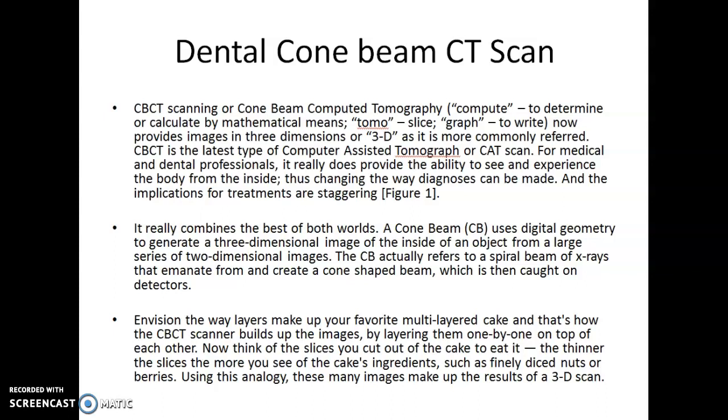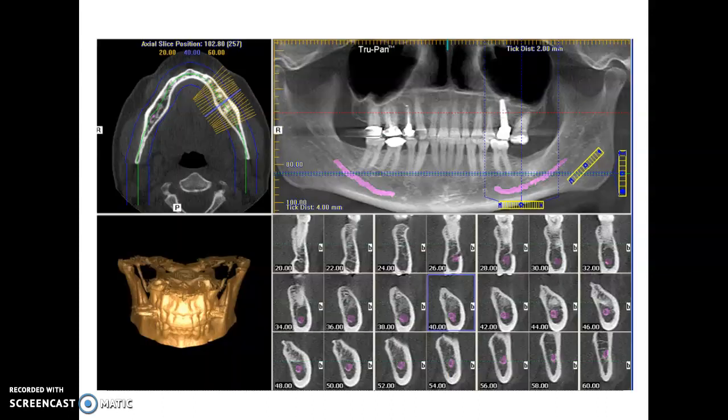They're multi-layered, and reading them is pretty simple once you figure out how, but unless you're shown how, it's really confusing. But the nice thing is this gives you a very detailed 3D multi-layered view. So we'll go ahead and look at some here.